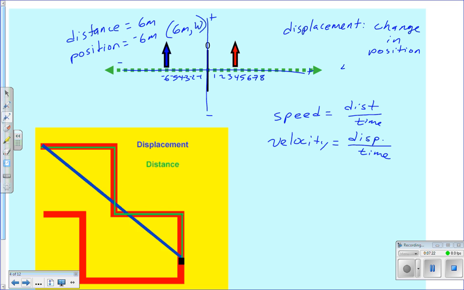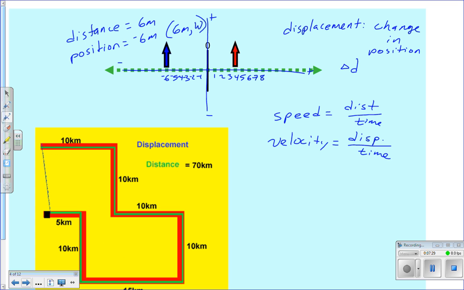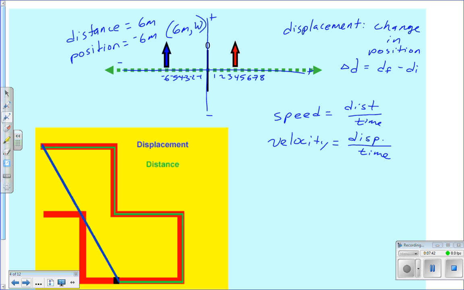So in terms of symbols, change in position is, we use a delta D for that. And that is found by taking the final position and subtracting the initial position, df minus di.